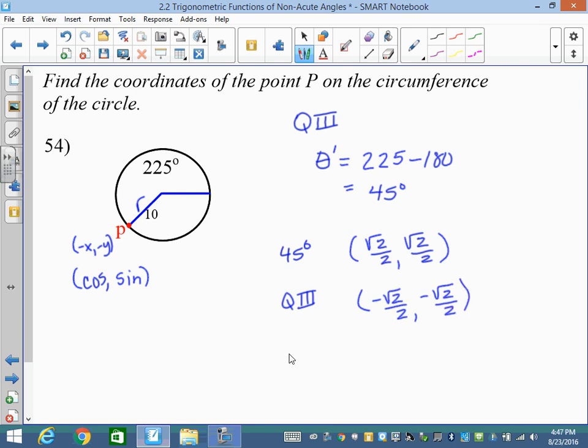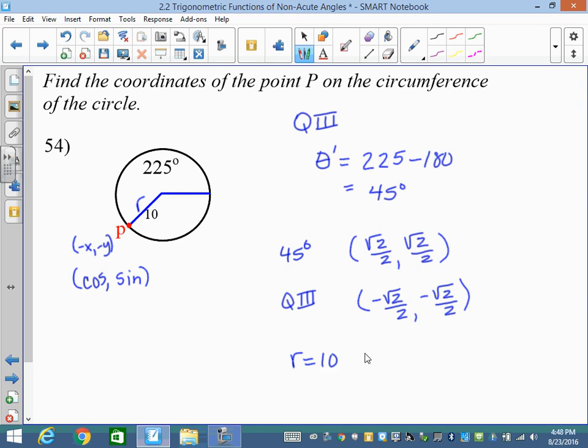Now, we also have a radius equaling 10. Now, before you go and say, oh, we're going to divide by 10, no, no, no, no, no. Because we've already cleaned this up for the radius to get that radical 2 over 2. What we have to do now is just simply take our cosine, sine values and multiply by 10.